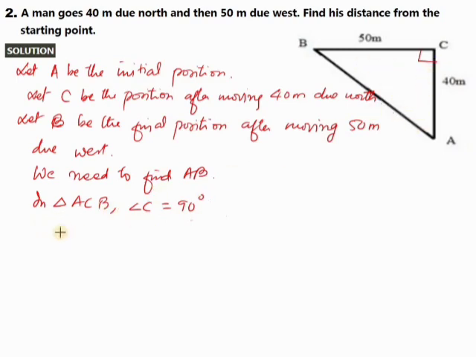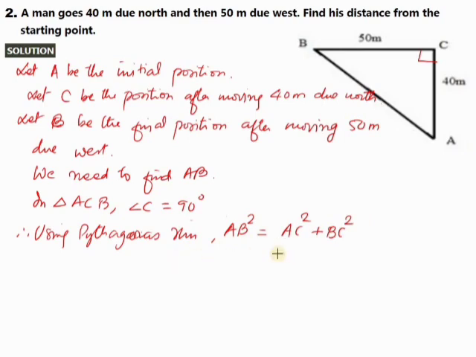So using Pythagoras theorem, the side opposite to 90 is always the hypotenuse. So we have AB squared is equal to the perpendicular, you can call it, AC squared plus BC squared, right? So you need to find AB, remember.